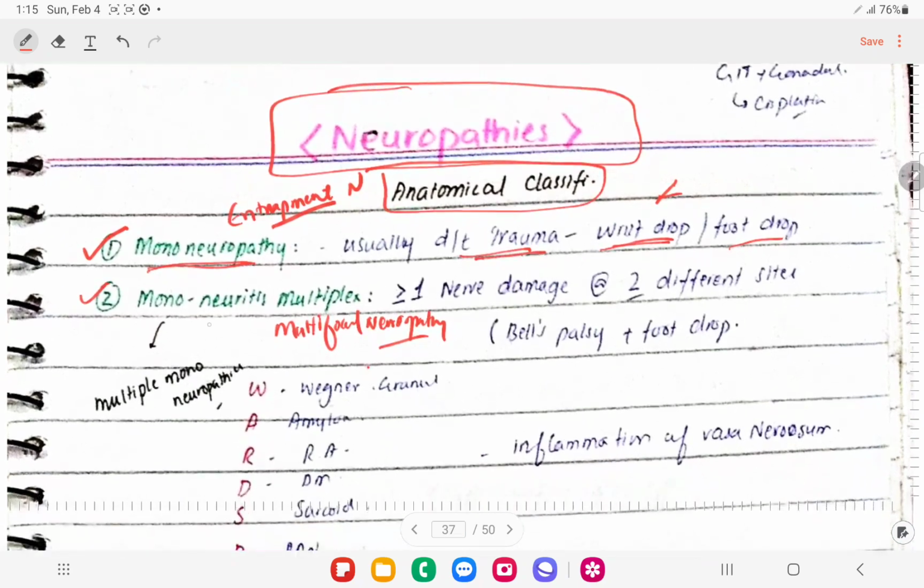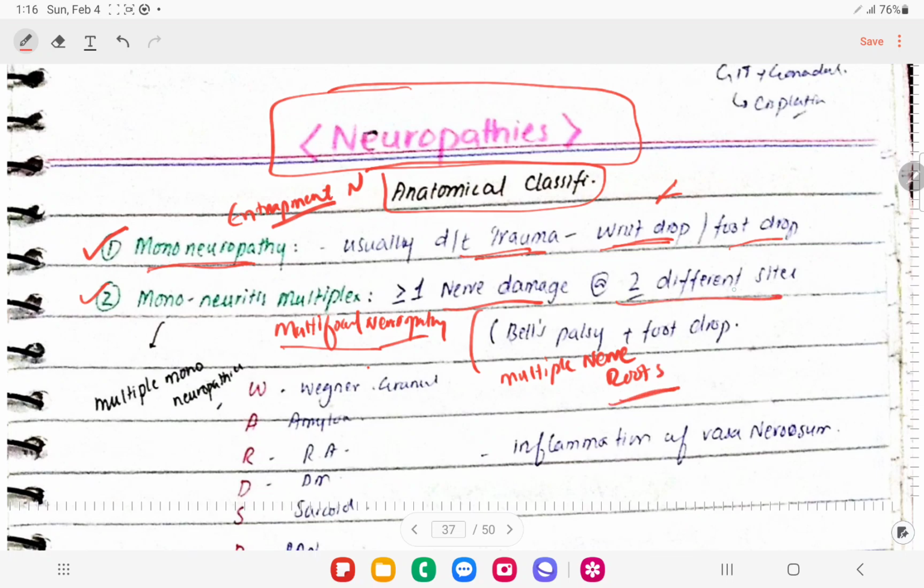The second one is called mononeuritis multiplex. This is also known as multifocal neuropathy. So in this neuropathy, there will be lesions of multiple nerve roots. So multiple nerve roots are involved in this condition, right?